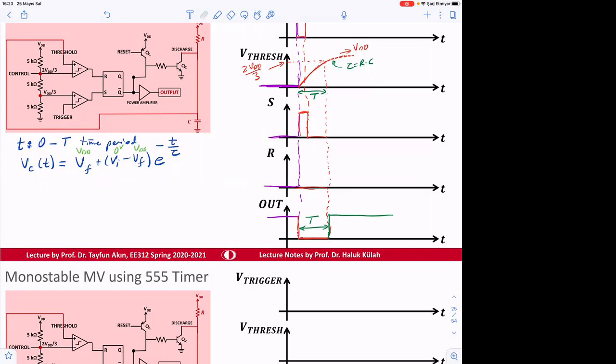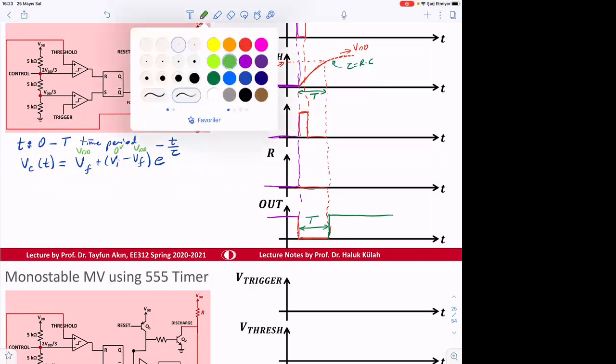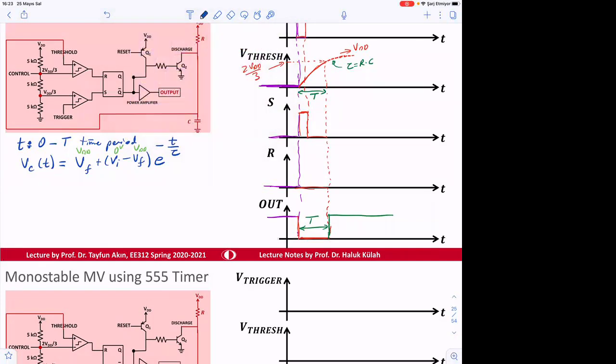And when the time becomes t, then Vc of t becomes 2 VDD divided by 3. At that time, the equation is going to be minus VDD e to the power minus t divided by tau.